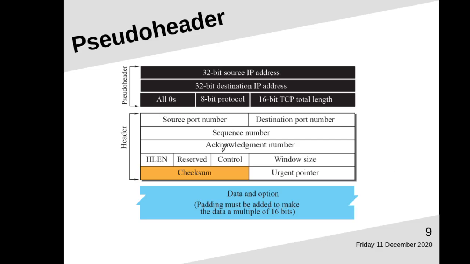With this header, if you want to send some information of the IP address, you can add the IP address along with this, and you can also add the protocol and the 16-bit TCP total length, and then send it. It will be considered a pseudo header you are using with this original header.